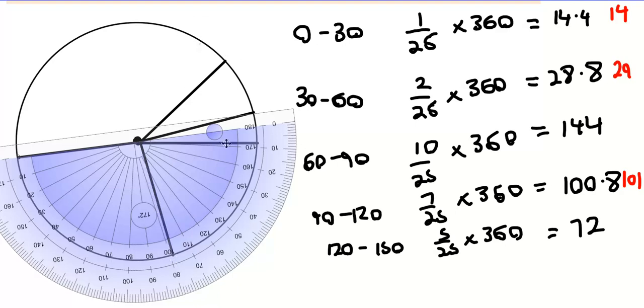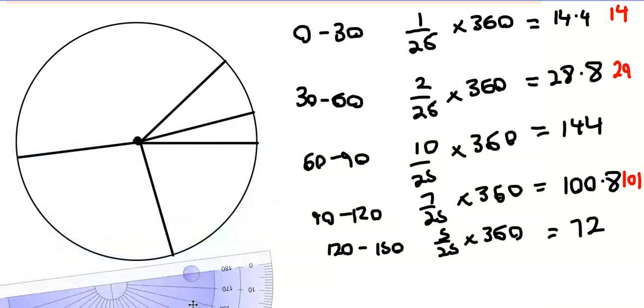Now, lads, I won't get anywhere near full marks for this. Can anybody tell me why? Okay, so what's the first one? 0 to 30 and 14 degrees. Next one, 29 degrees and 30 to 60. The biggest one, I did actually work. I added them up to make sure.